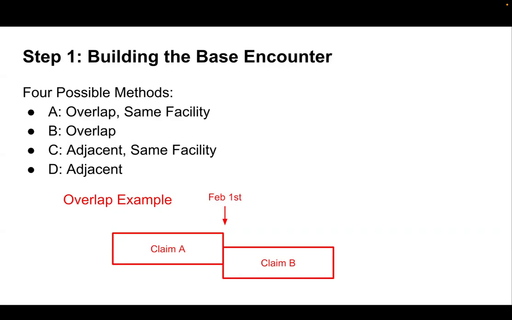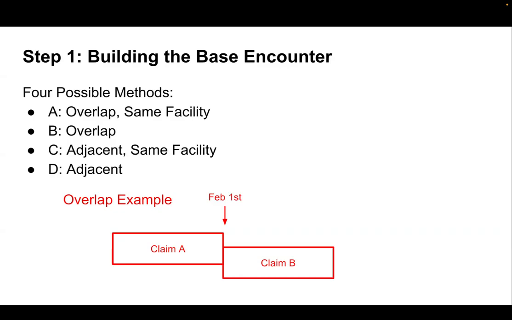And when we look at combining claims to see if they should be merged, there are 4 different methods that we can possibly use. Basically, there are 2 methods, overlapping and adjacent, but then for each method, we can choose whether or not we require the facility to be the same if we're going to merge the claim. In order for any 2 claims to be merged, the patient ID must be the same on both claims. That's a given. In this example, this is an overlap example.